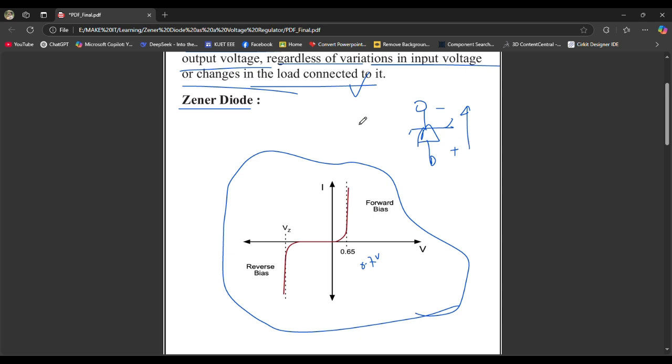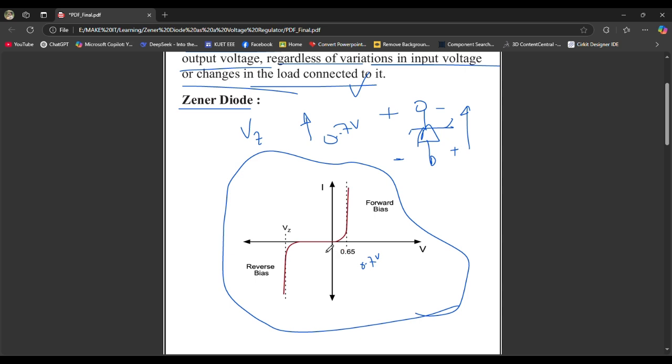But in reverse bias, it won't let the current flow at around this voltage. If we keep increasing the voltage to a certain voltage, which is called the Zener voltage, let's say Vz, then it will let current flow through it.